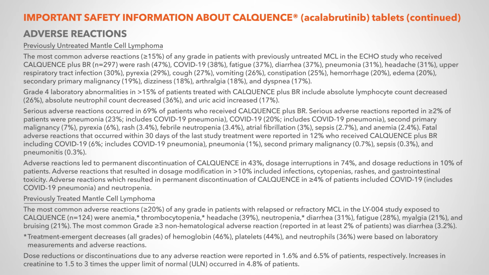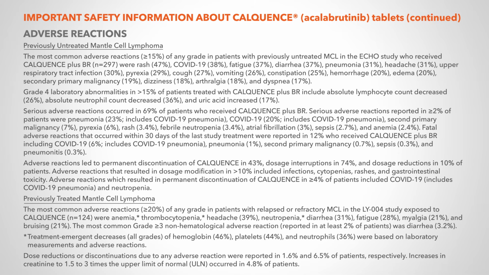Adverse reactions that resulted in dosage modification in greater than 10% included infections, cytopenias, rashes, and gastrointestinal toxicity. Adverse reactions which resulted in permanent discontinuation of CALQUENCE in greater than or equal to 4% of patients included COVID-19, includes COVID-19 pneumonia, and neutropenia.